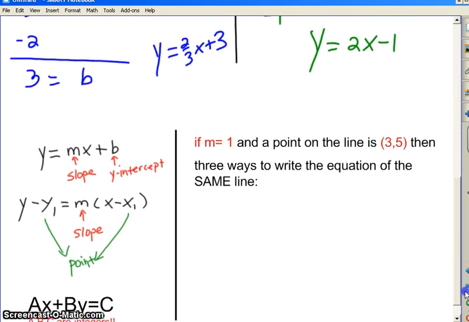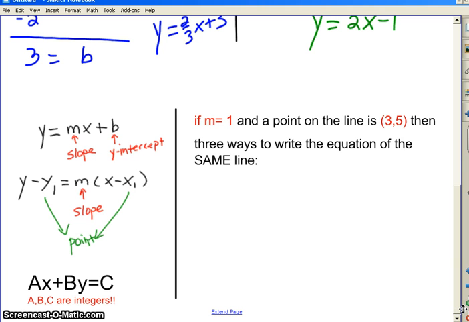One thing we need to also look at is the different forms of linear equations. Here we have slope-intercept form, because the slope and the y-intercept are part of the equation. On the next one we have what's called the point-slope form, because x1 and y1 stand for a point on the line and m is the slope.